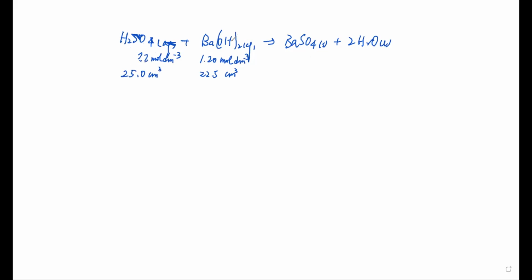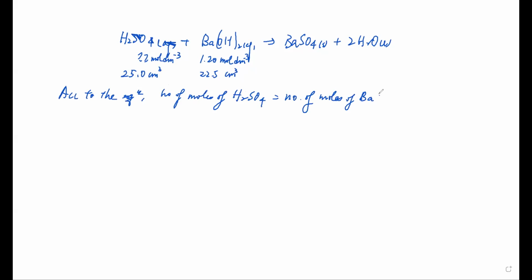So you start from this. According to the equation, equal moles of the two chemicals react. Okay. So according to the equation, number of moles of sulfuric acid equals number of moles of barium hydroxide.